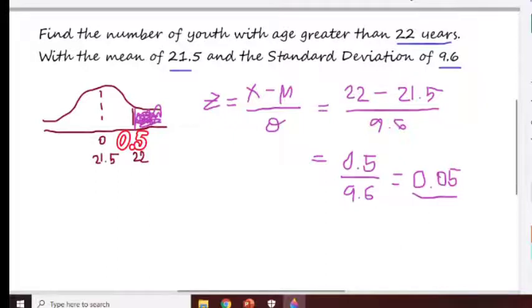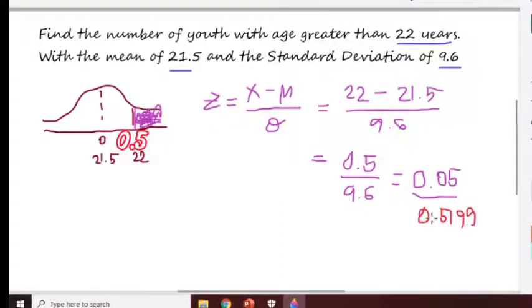The corresponding area of this is 0.0199.